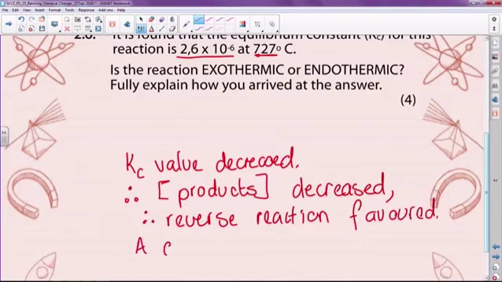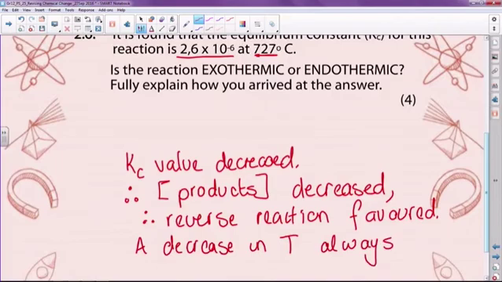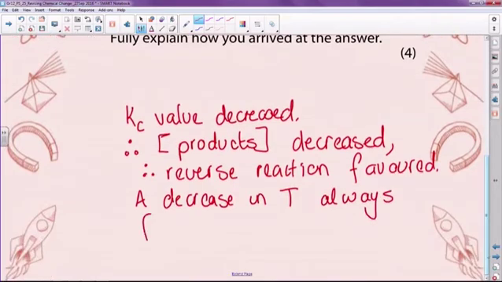A decrease in temperature, which is what we did, all right, a decrease in temperature always favors the exothermic reaction.